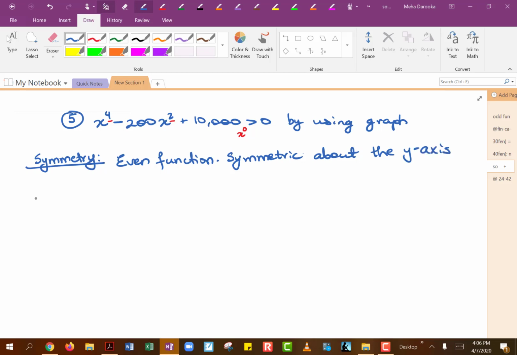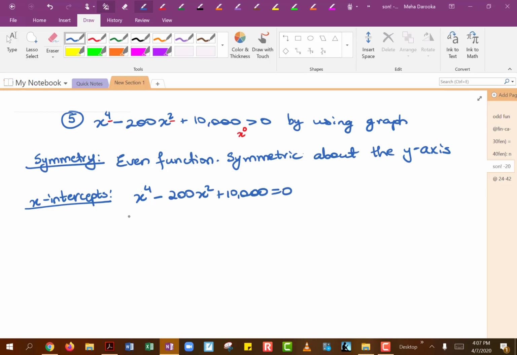Okay. Then if we talk about the x-intercepts, you're going to take your function, set it equal to 0, and then try to solve that.